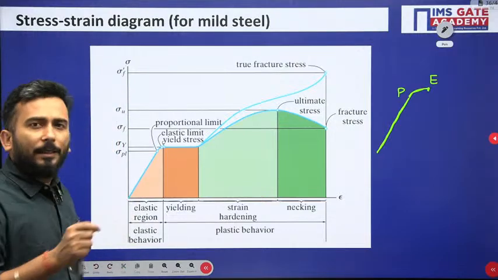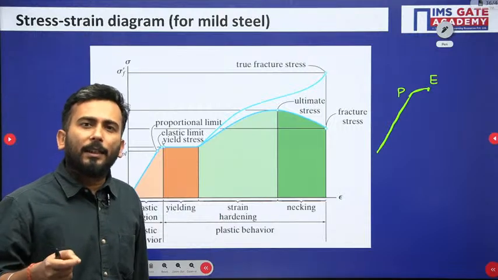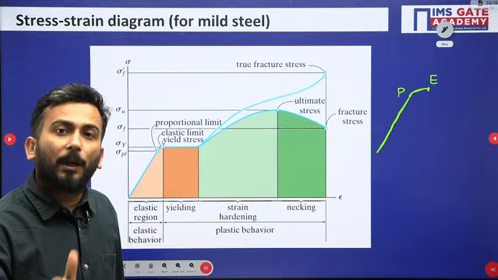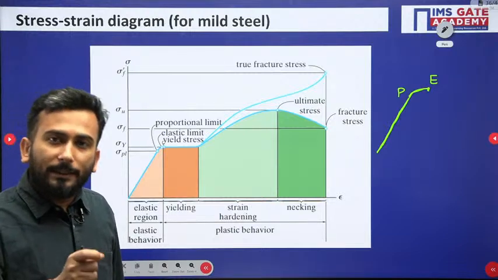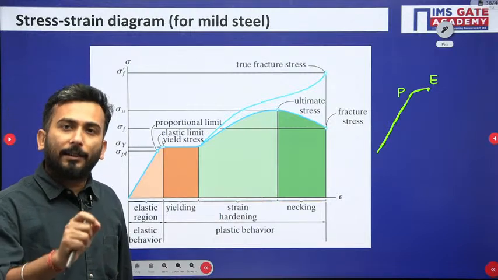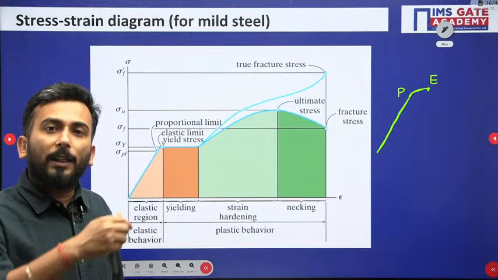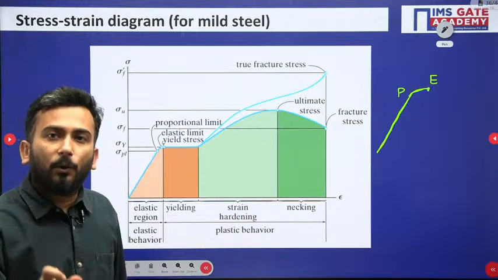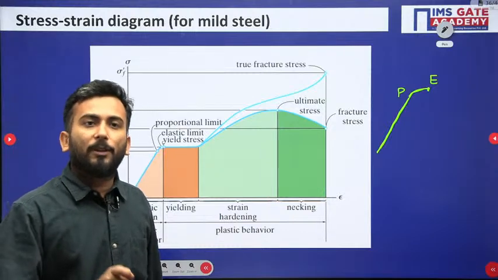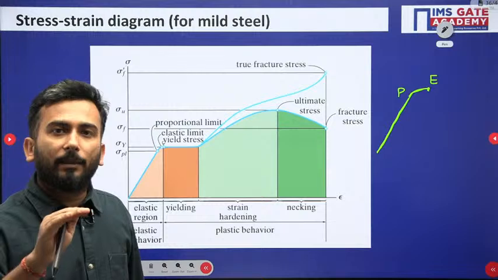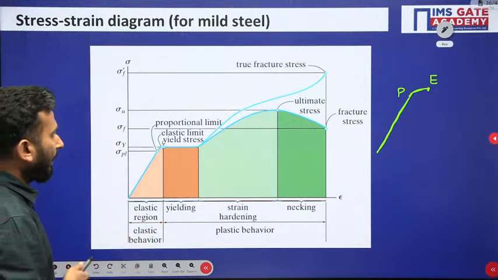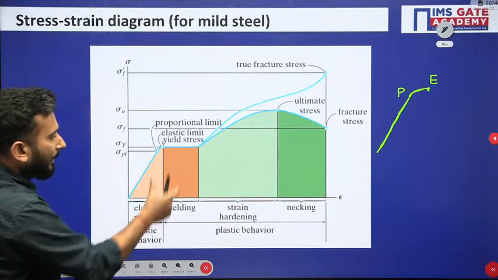After the elastic limit, what happens? Your material will start to deform, and that too permanently. Once the material crosses the elastic limit, it will deform plastically even without any increase in load. Even if you don't apply more load, the material will continue to deform, and that is known as the plastic region or yielding region.